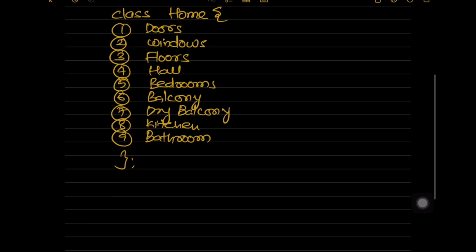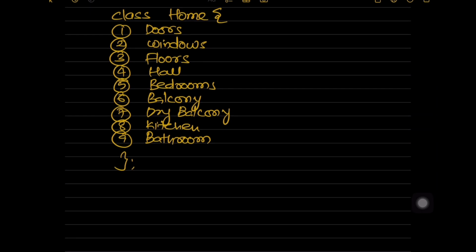So let's begin with a simple example and see what the problem is with multiple variables. Say we create a simple object of this class Home. In order to instantiate this, we'll have to pass all these 9 parameters in the constructor.